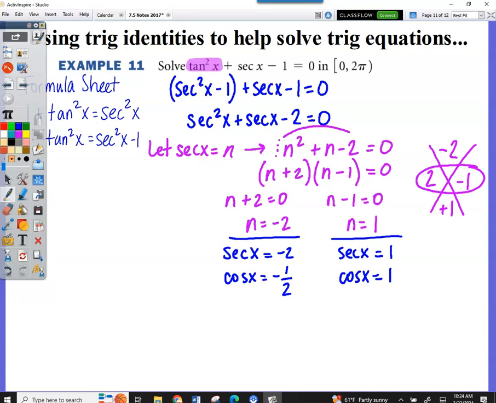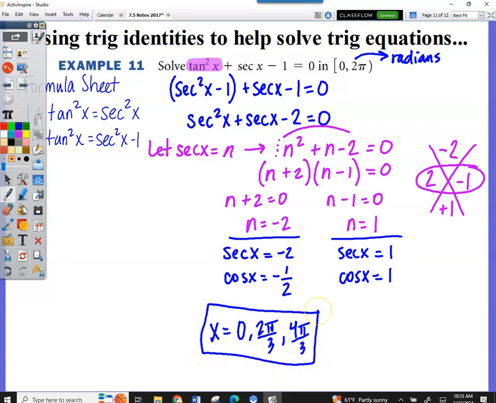So where is x? -1/2. Where is x? 1. You are answering in only radians. X is 1 there.